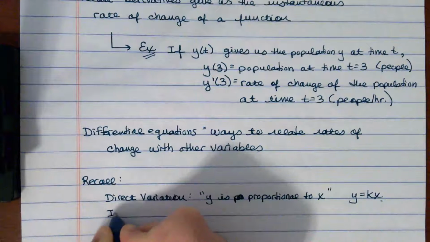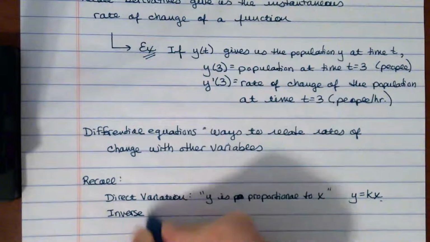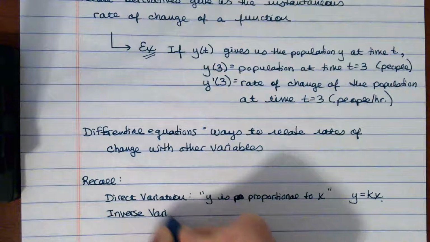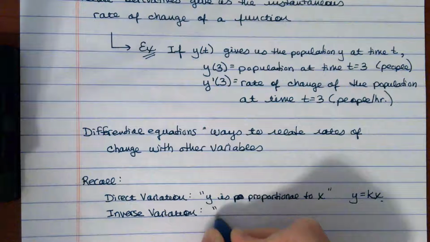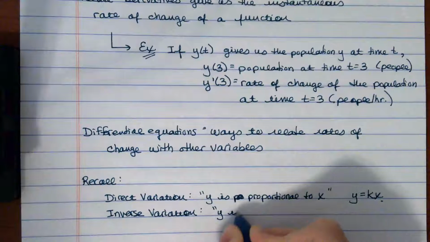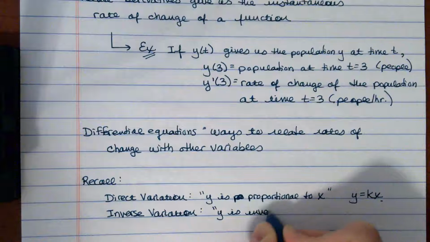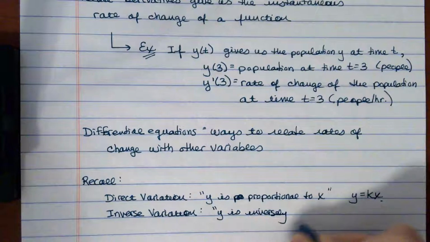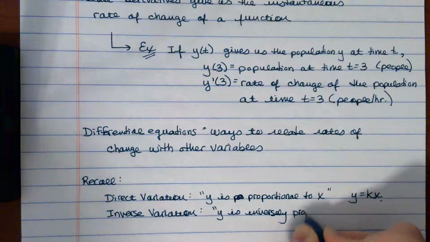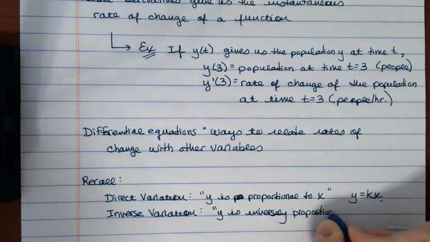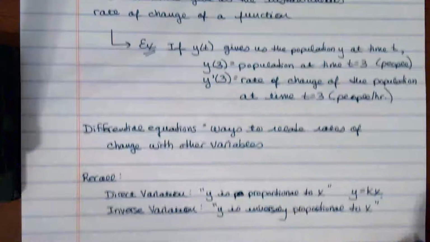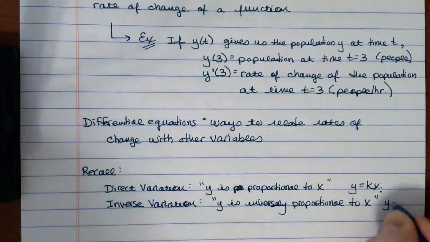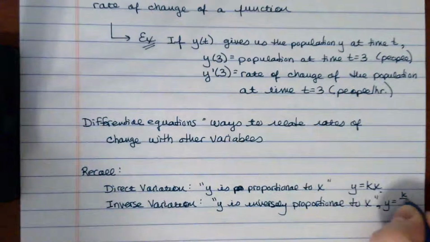The other type of variation you talked about in Algebra 2 was inverse variation. And you're probably more familiar with the language: y is inversely proportional to x. And that equation would look like this. y equals k over x.